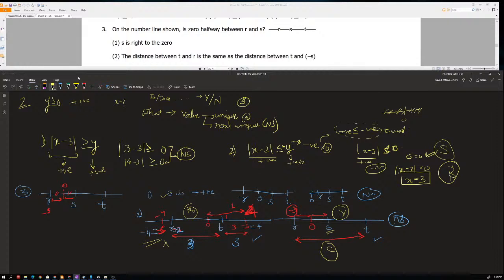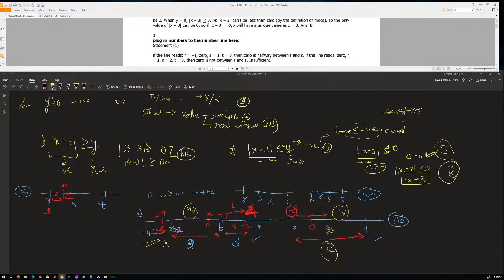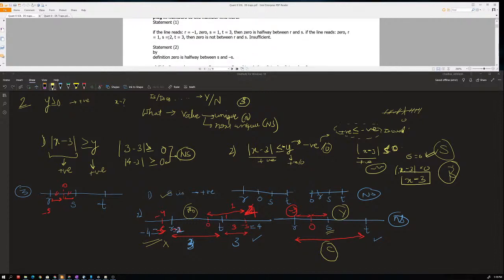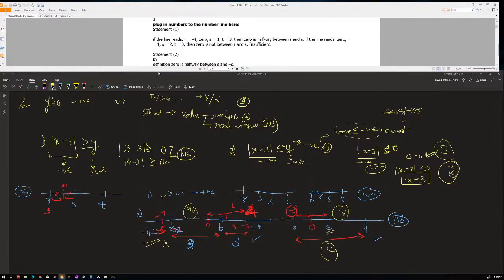Okay, let's see how they have solved it. They are plugging in the numbers again instead of drawing. What they say is if the line reads R is equal to 1, 0, so it's almost the same solution.